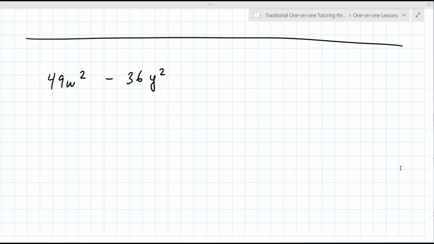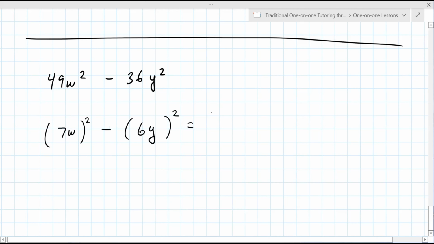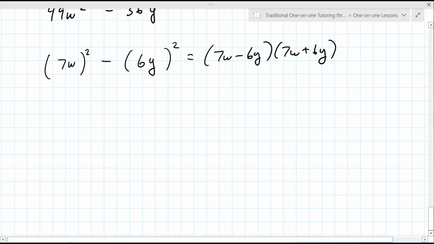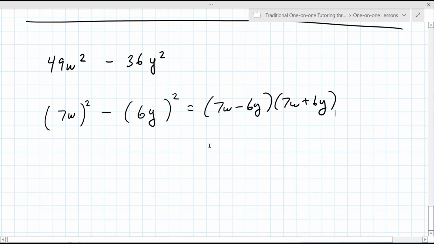All right, 7w plus 36y, 7w minus 36y. Okay, so the 7w is definitely correct. What goes in parentheses down here? Six. Sorry, six. I'm writing them down and then re-looking at it and accidentally looking at the 36. I don't even know. Do you have this down in your notes?